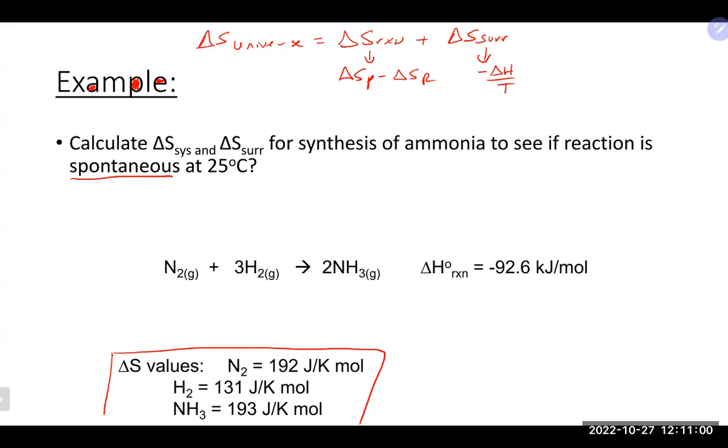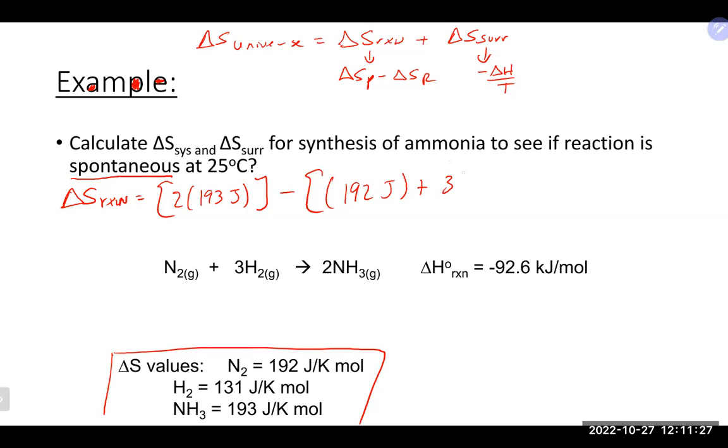So once again, if not provided, you would go to the table in the back of the book to find those values. So our delta S of our reaction would be our products, which in this case is NH3. And there's two of them, which would be 2 times 193. We then would subtract it from our reactants, which is N2, which is 192, plus our other reactant there, which is H2.